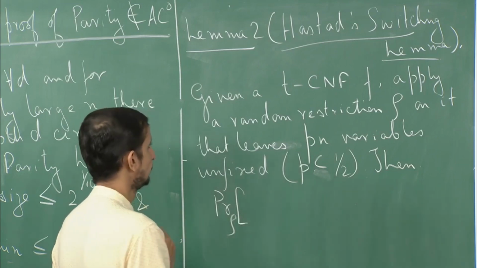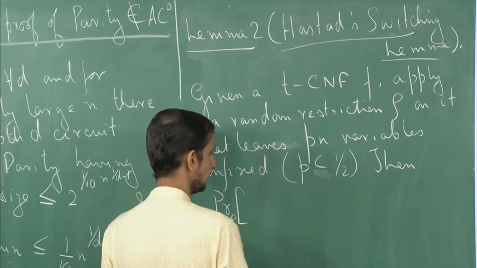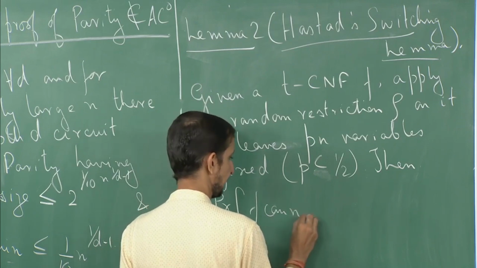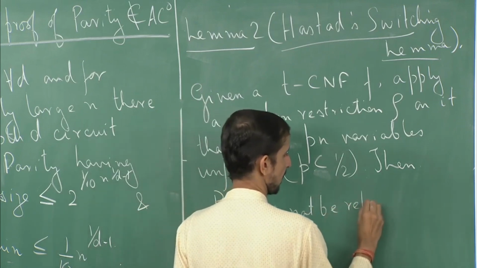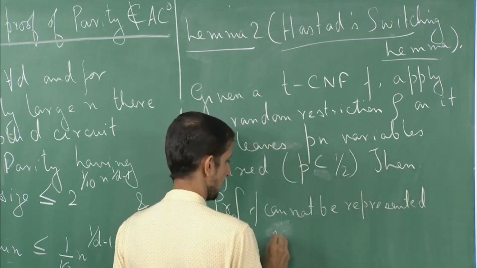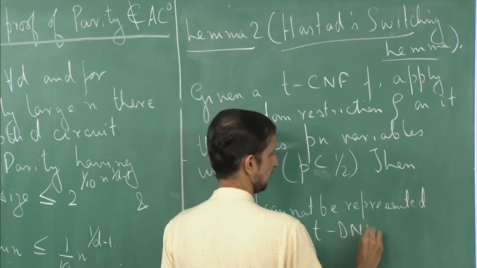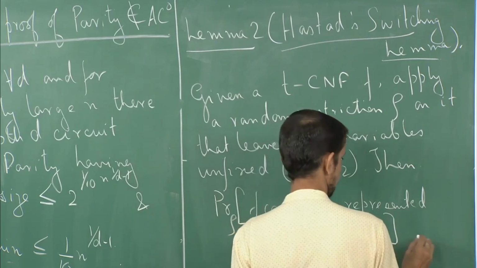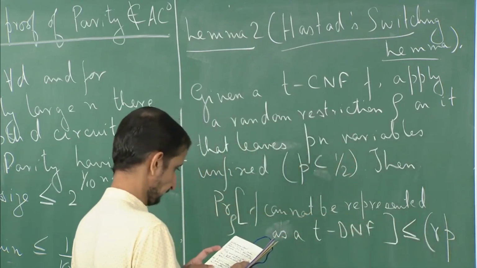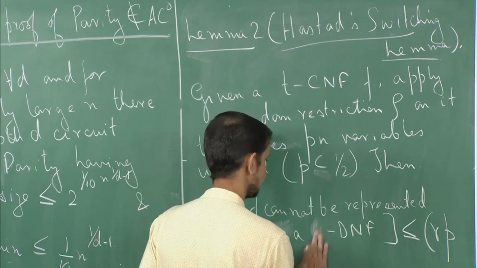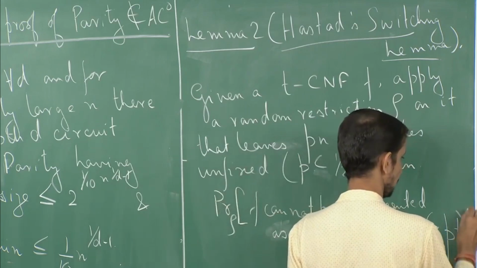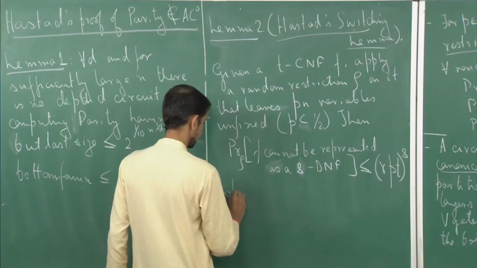over this choice of random restriction that F cannot be represented as an s-DNF is at most (gamma p t) to the power s, where gamma is a constant.